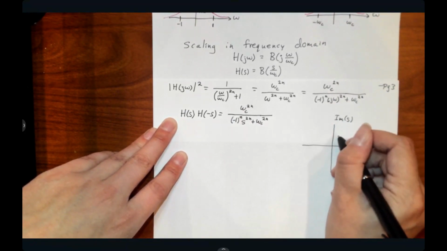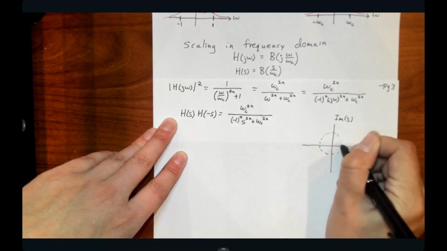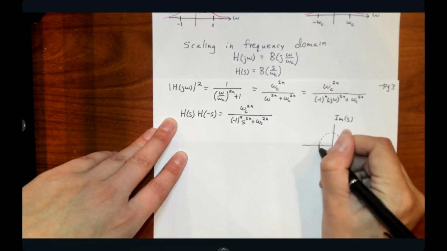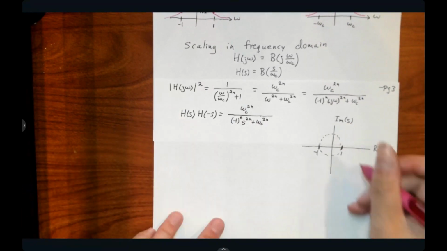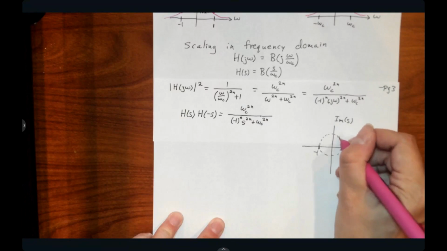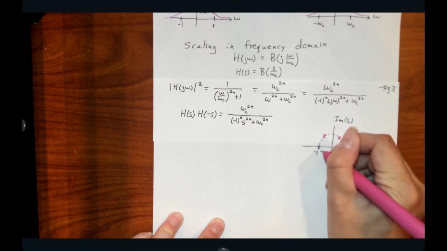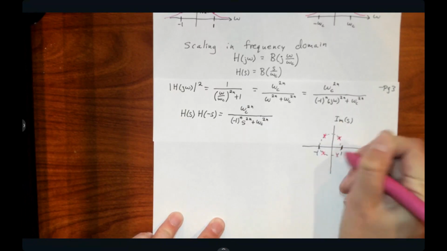What you would actually see if you solve for this denominator is this: we have our unit circle here. Our original Butterworth filter, let's say you had a second order, so maybe you have poles like this.